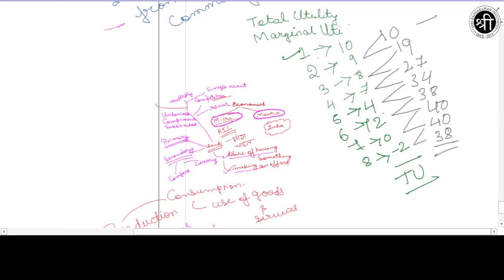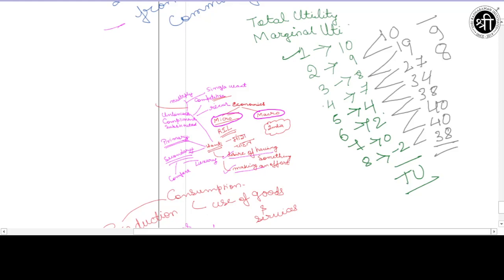But when you consumed that second one, it went from 10 to 19. So by how much did it increase? It increased by 9. Similarly, when it went from 19 to 27, it increased by 8.